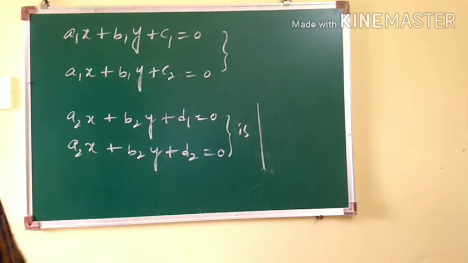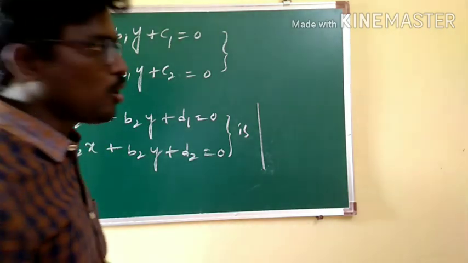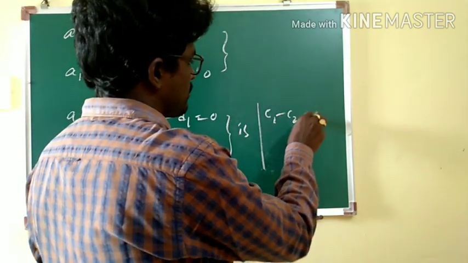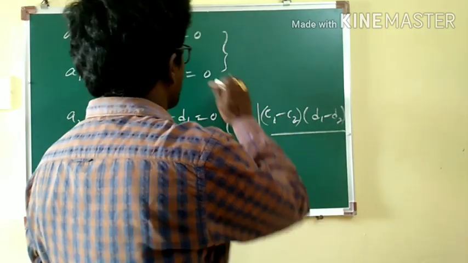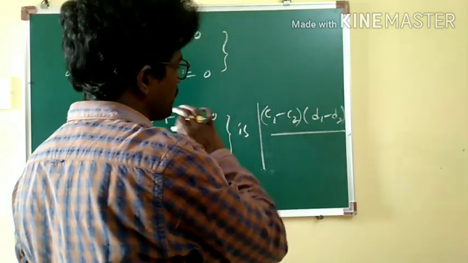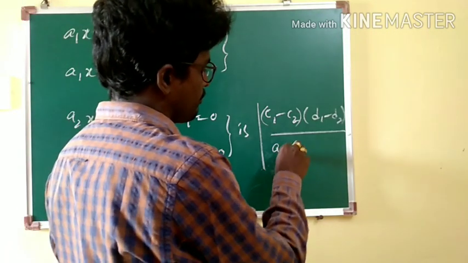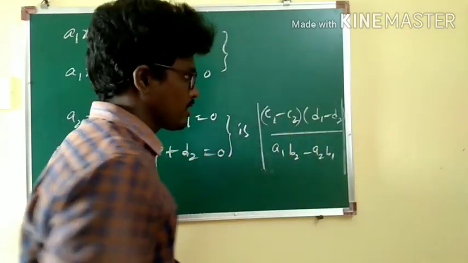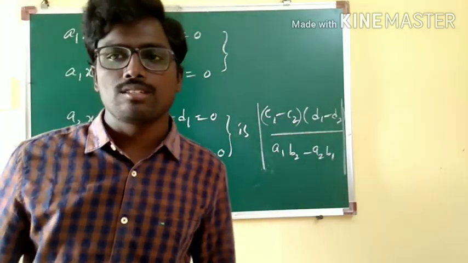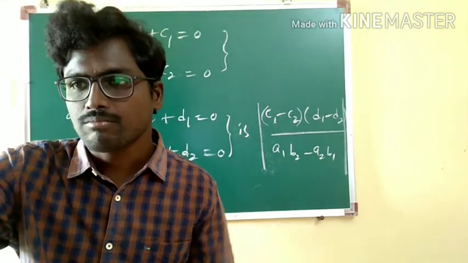Then how to find its area when you are given 4 lines, something like this? Then area is mod of C1 minus C2 into D1 minus D2, means difference between these two into difference between these two, by A1 B2 minus A2 B1. 90% try to remember all these results so that you can save your time in doing some objective problems.